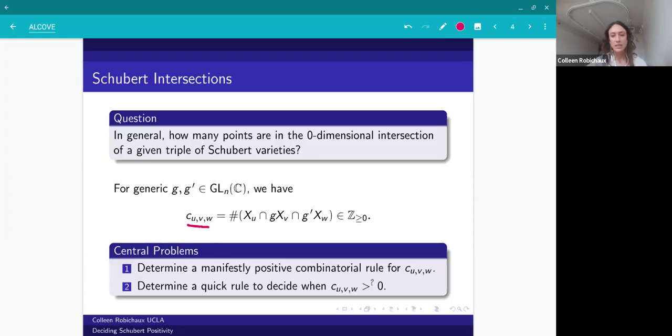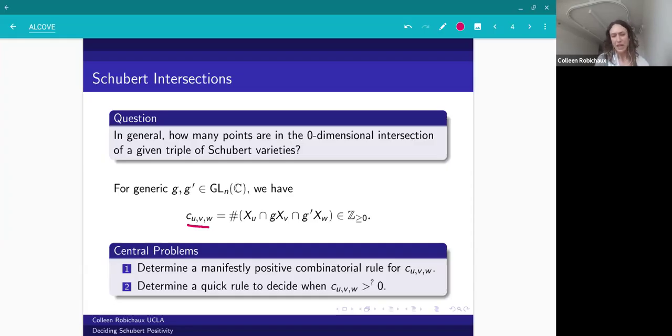Where by manifestly positive, I mean that when I'm carrying out this combinatorial rule, I only want positive contributions. I don't want to have some things that are associated to a positive weight and some with a negative weight where you could get some cancellations. So I want just some nice positive way to compute these coefficients.